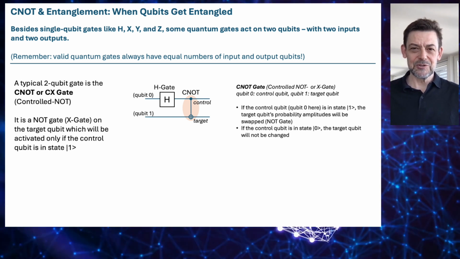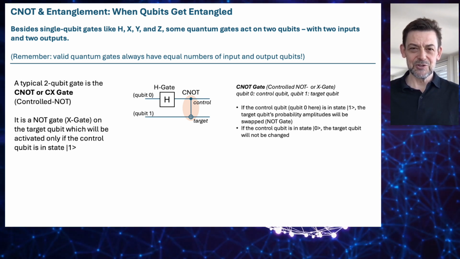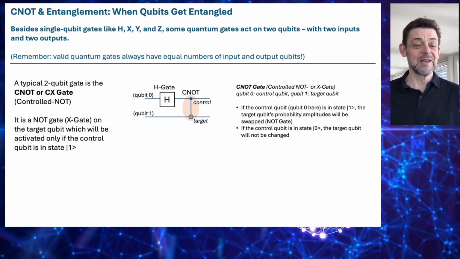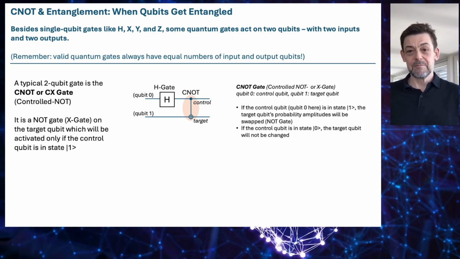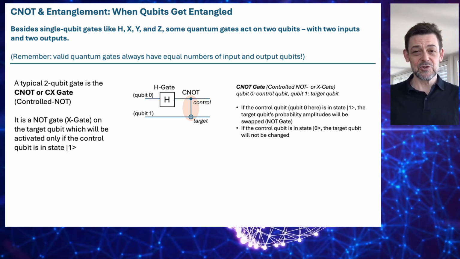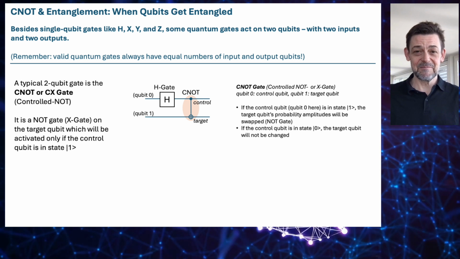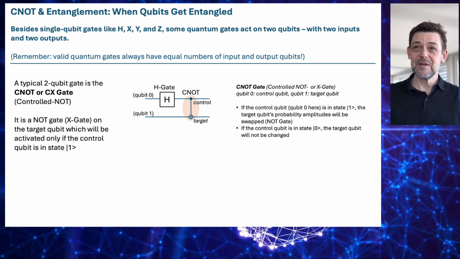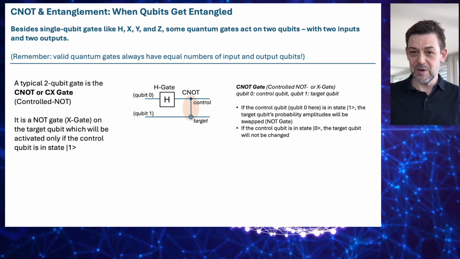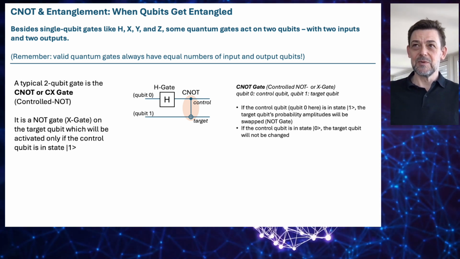The circled plus and the dot, or the X gate connected by a dot to the control qubit. It is the same gate. There is also a CY and a CZ version of the Y and the Z gate. Same logic. If the control qubit is 0, nothing happens. If the control qubit is 1, the gate is applied on the target qubit.